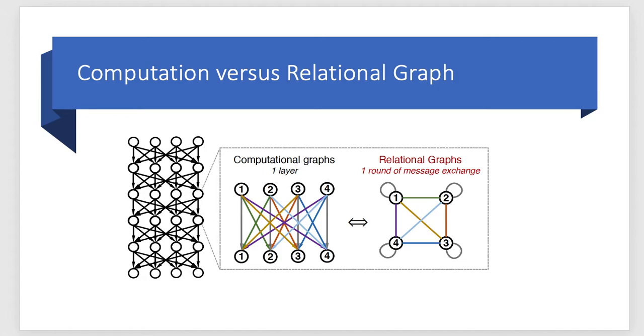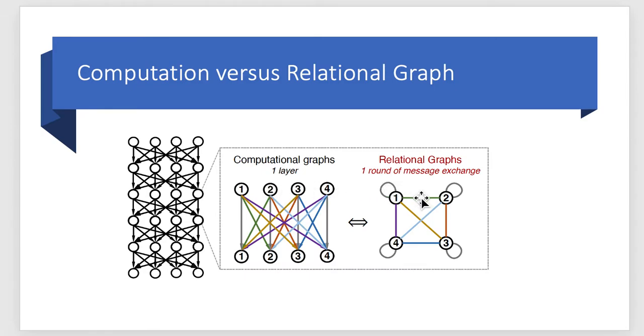Hence, the authors propose the relational graph to represent neural networks. We can represent one input channel and one output channel together as a single node in the relational graph. An edge in the relational graph represents the message exchange between two nodes. The links between nodes are not just data flow anymore as in the computational graph, but message exchange.